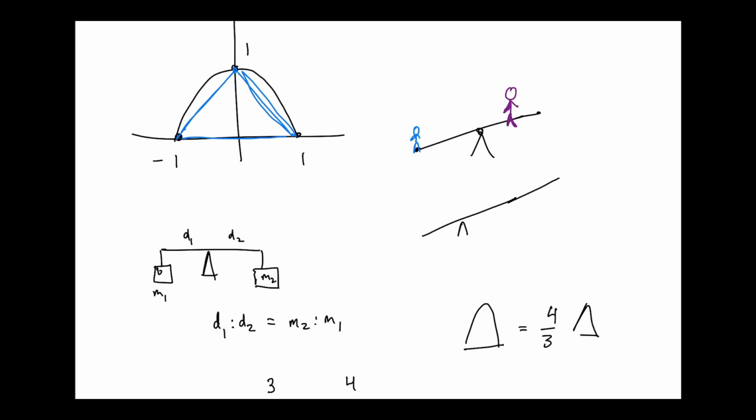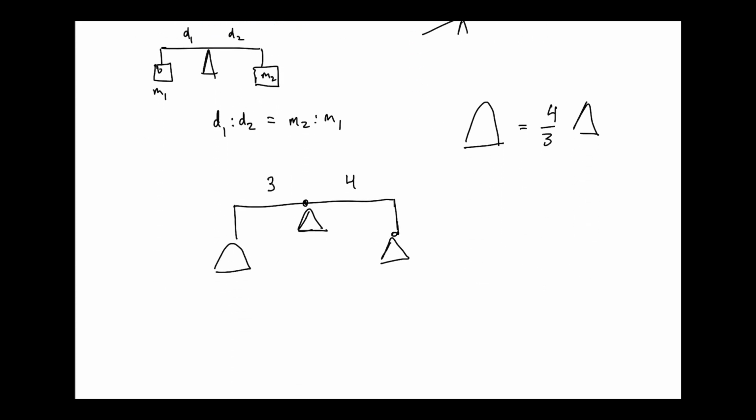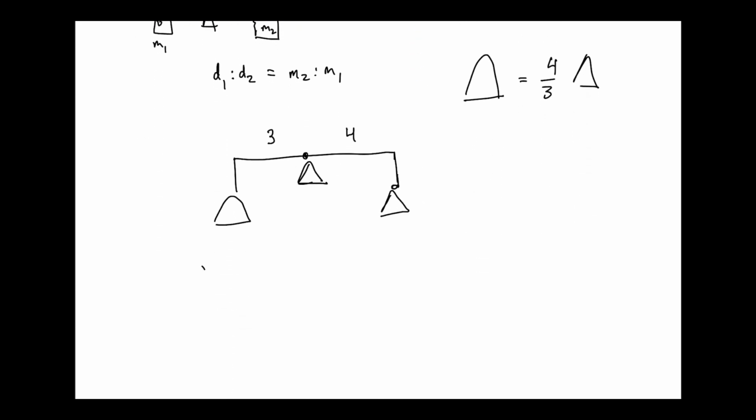So what's the area of the parabola? 4/3. I'm going to smack you. 4/3. Okay. Does that make sense? 4/3? Okay. So what we've discovered, or let me write it this way, sorry.